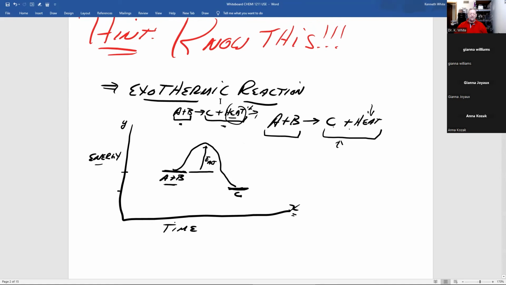Because it's exothermic and we give off heat, C and heat has to be the same energy as A and B. If you lose some of the energy as heat on the C plus heat side, C will have less energy, meaning the line is lower. Remember, energy goes from 0 up to whatever.